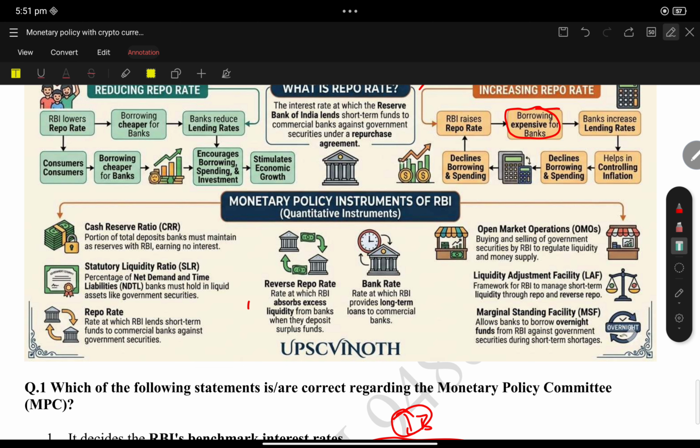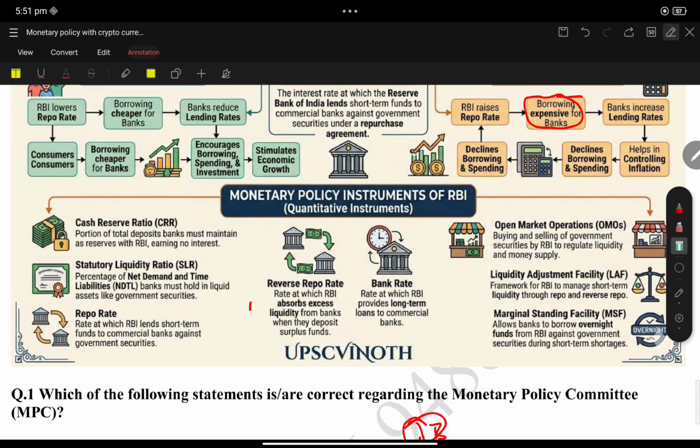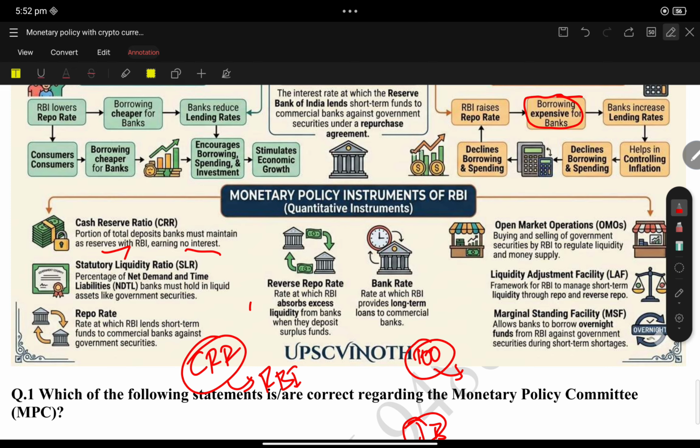It is the portion of total deposits a bank must maintain as a reserve with RBI, earning no interest. They will say CRR. For example, if a bank has 100 crores, it will deposit some 10 crores with the RBI, and for this it won't get interest. That is the cash reserve ratio.